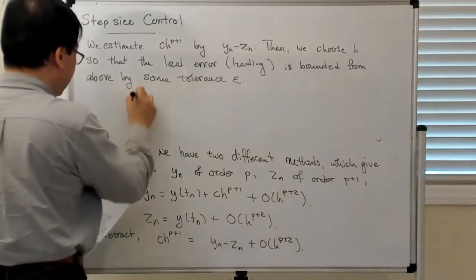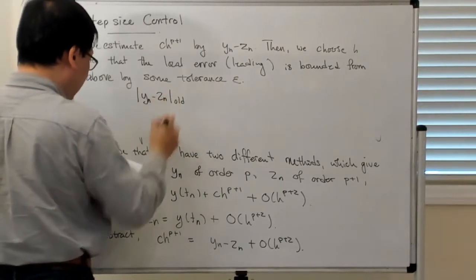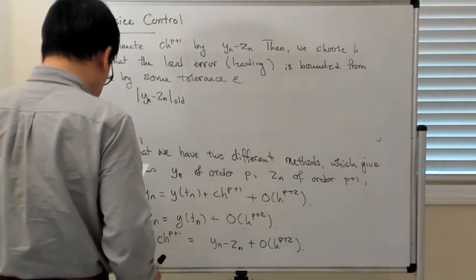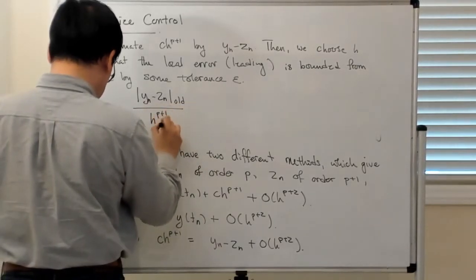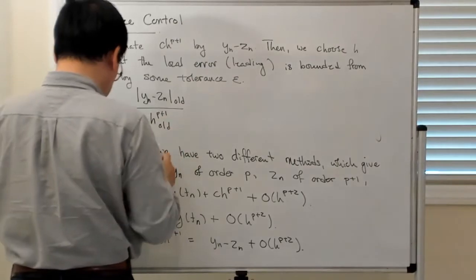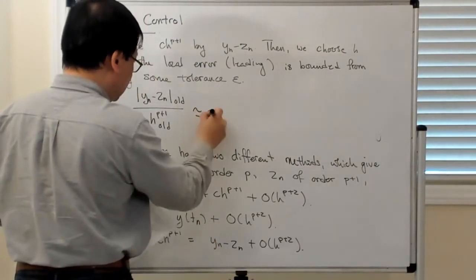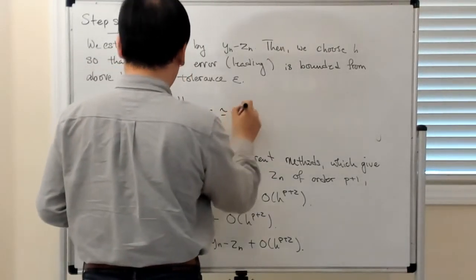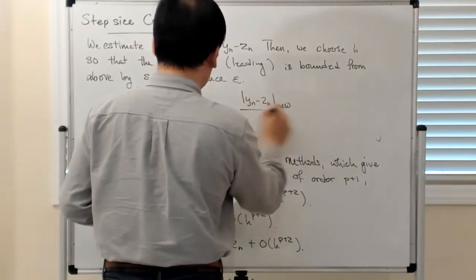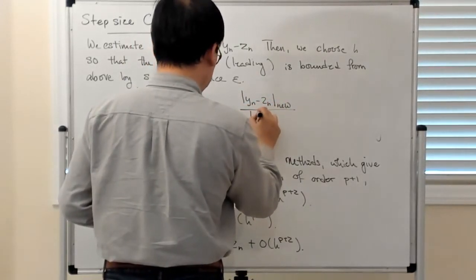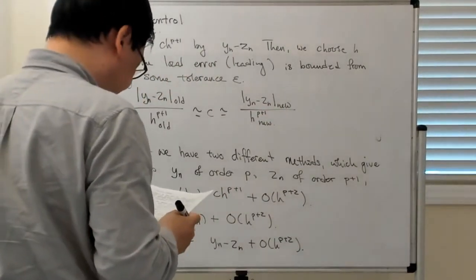So we have that Yn minus Zn, the old value, divided by h to the P plus 1, again the old value, is approximately equal to this constant C, which is again approximately equal to Yn minus Zn, some new value, divided by h to the P plus 1, new value.